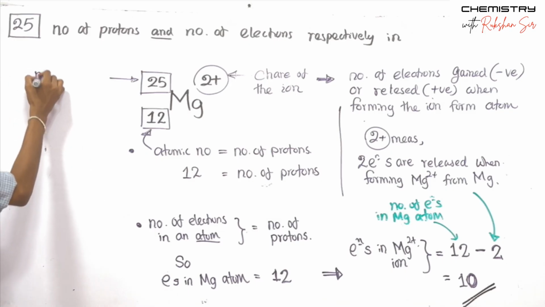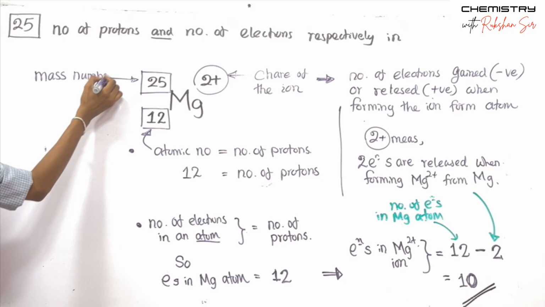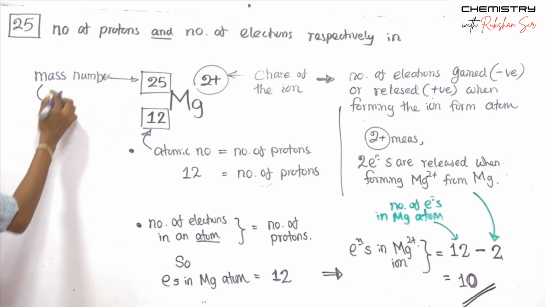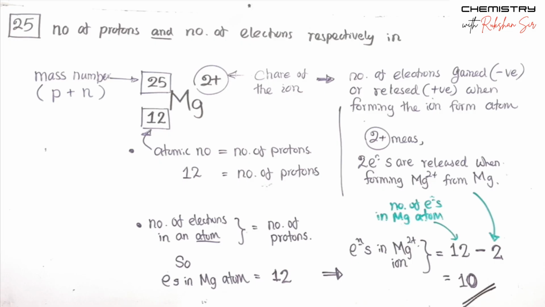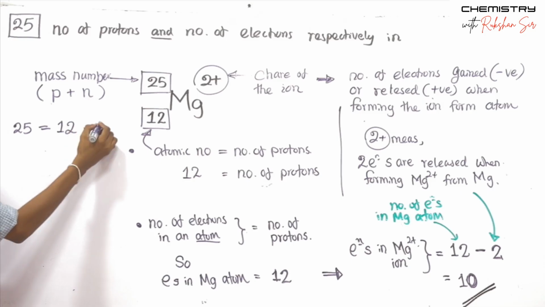The mass number is equal to protons plus neutrons, so 25 is equal to 12 plus the number of neutrons.